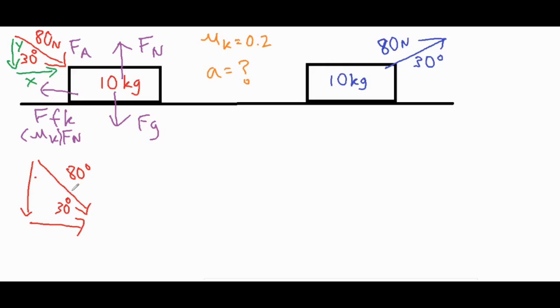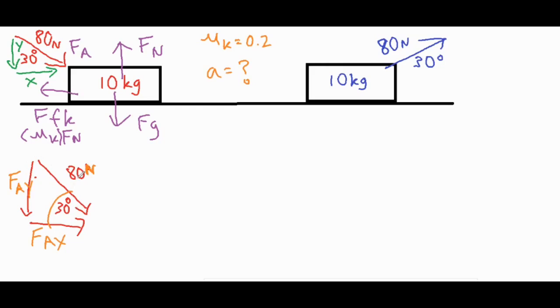Now, our 30-degree angle is over here because it's 30 degrees above the horizontal. So the side that's opposite of that is going to be our y component. So we can call that Fay to be more descriptive, and we'll call this one Fax. Since we want to use the 80 newtons as our hypotenuse, along with our opposite side, we're going to use the sine of 30 degrees.